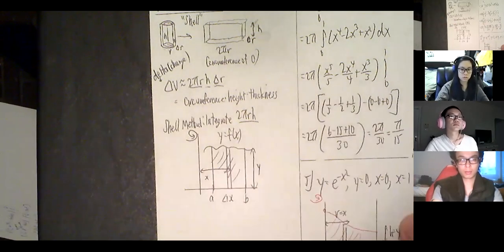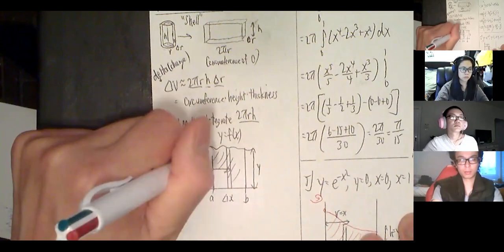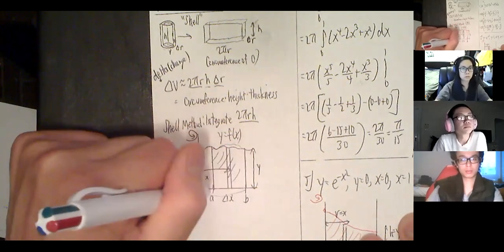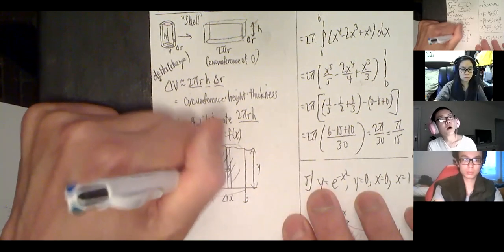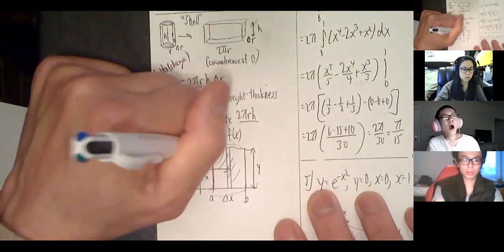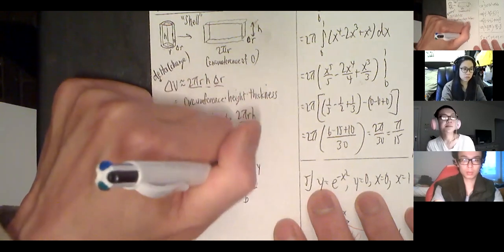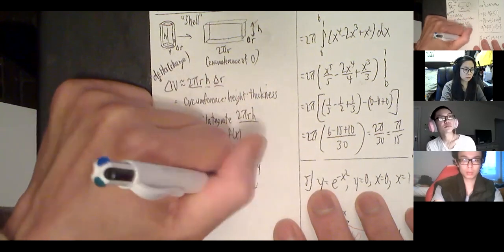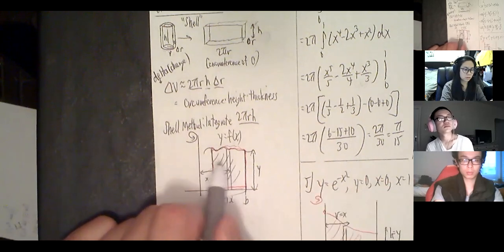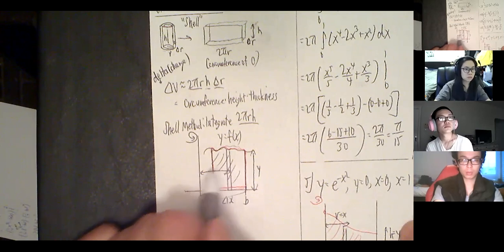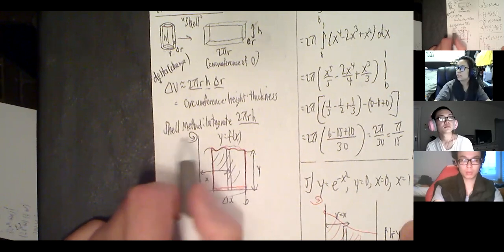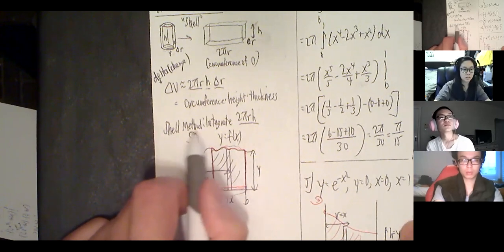Maybe I'll change the color a little bit, try to make it a little reddish. Now if I spin this about the x-axis, that's the disk method, just like before. But we're spinning it about the y-axis this time.